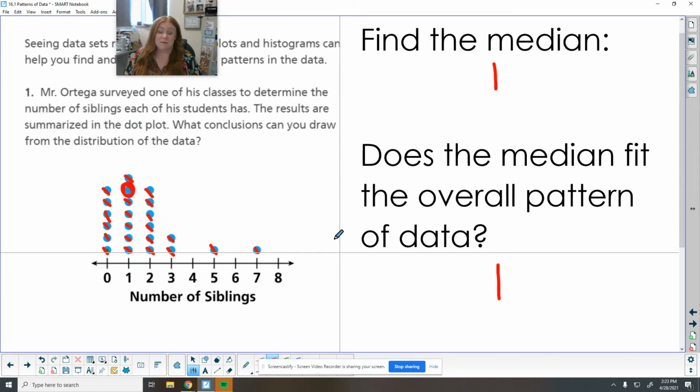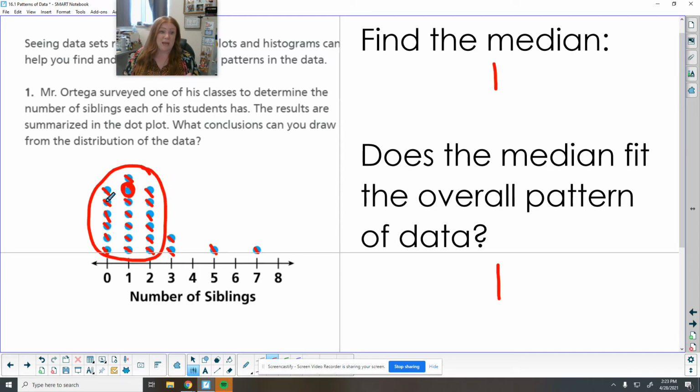I feel like you can argue either way, yes or no. I would say yes, because the mode is also 1. Most of the students have 1 sibling. That's the most common amount. And it's pretty close to where this big cluster of data is.